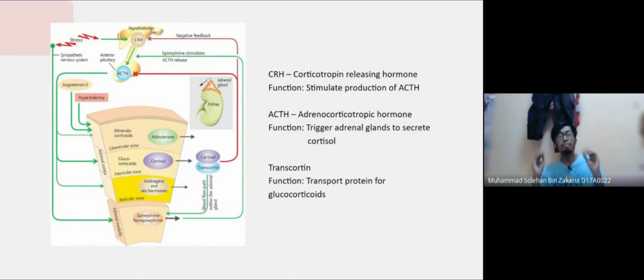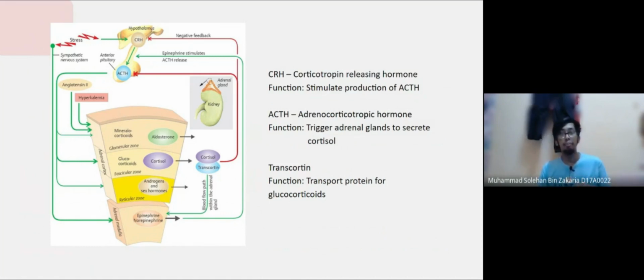So, let's just talk about the regulation of hormones. When the animal is experiencing stress, the hypothalamus would secrete CRH, which is corticotropin releasing hormone, which acts on the anterior pituitary gland.